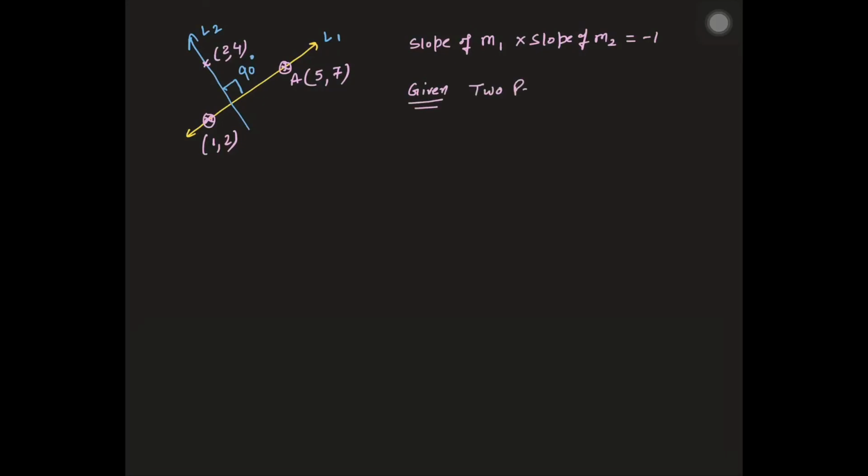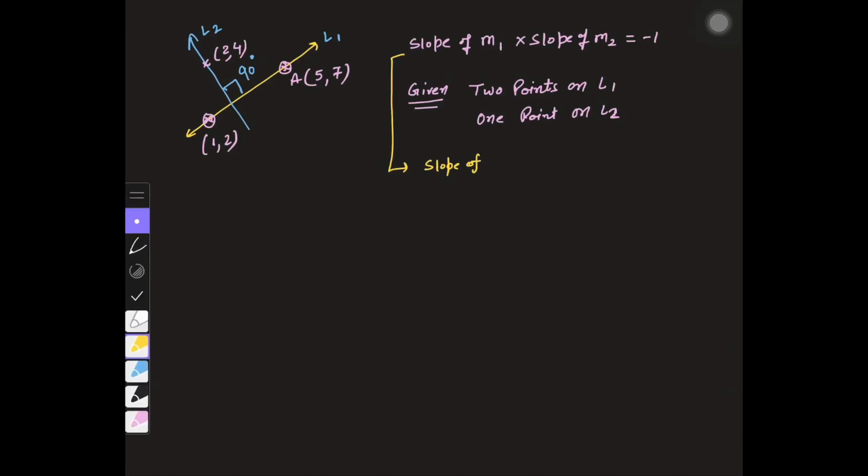So we are given 2 points on L1, which will help us to figure out the slope of L1, and with the connection between the perpendicular line slopes, we can look for the slope. So 1 point on L2 is given. So let's figure out the slope of L1. I'm very bad at writing M1 again and again. So the slope of L2 will be -1 over the slope of L1. So negative reciprocal.